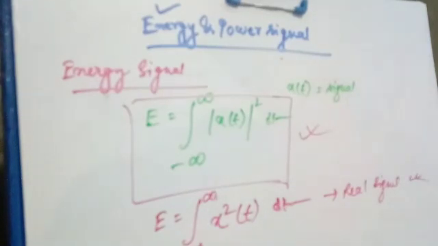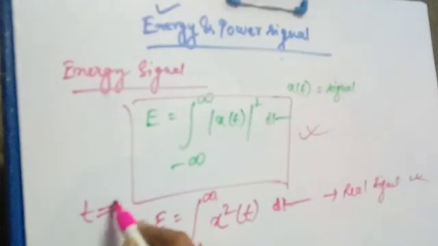Now, for a signal, energy will be finite if the signal has finite duration, or t should not tend to infinity. Finite duration means its time t does not tend to infinity. And it has an amplitude either constant or tending to 0.